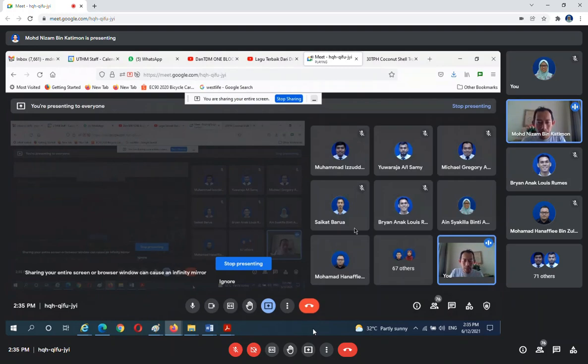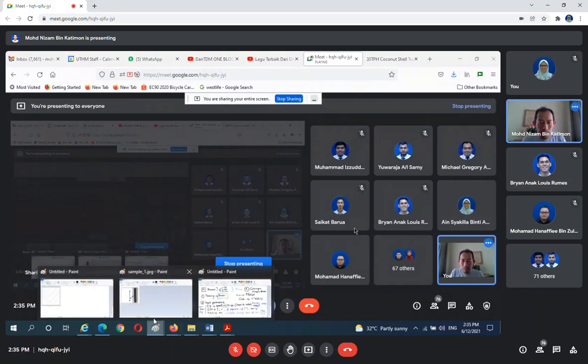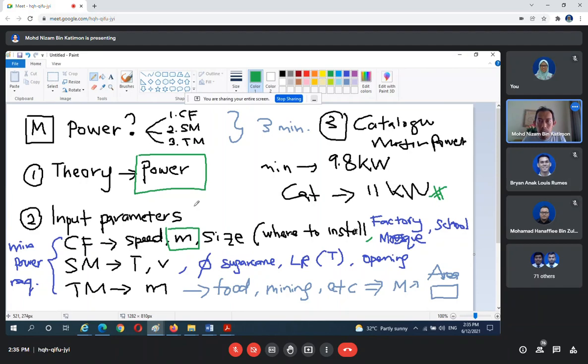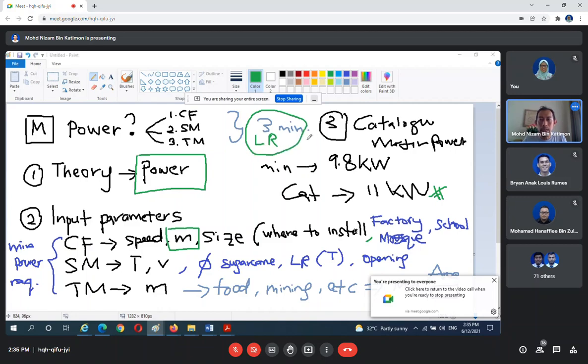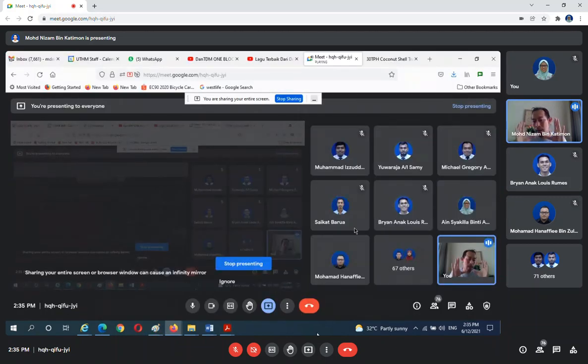Just now I mentioned about literature review. To find the power, you have this minimum 3 literature review, which means you have at least 3 existing products. From that product, you can compare. Is it logic or not?